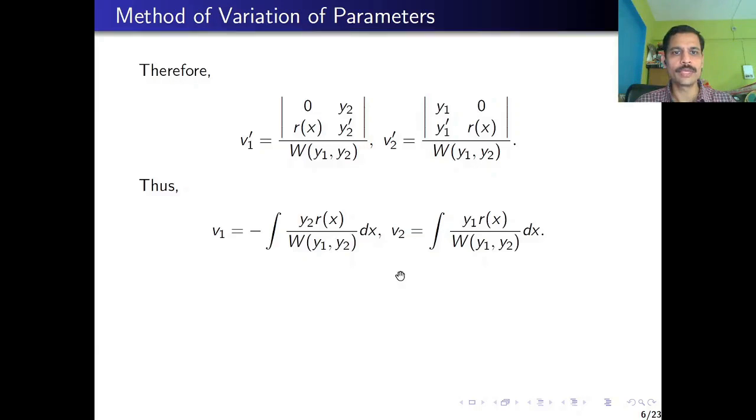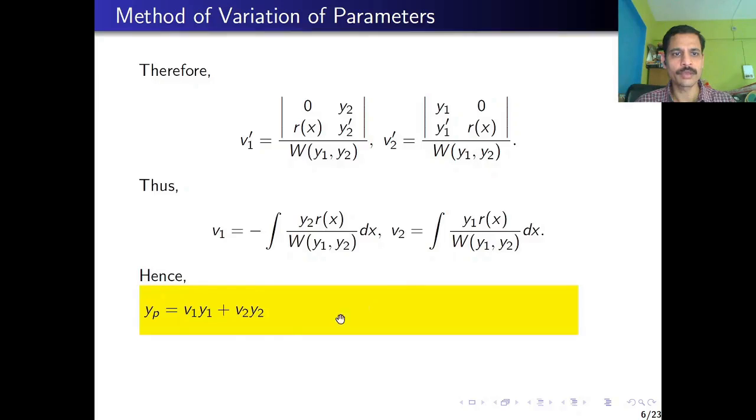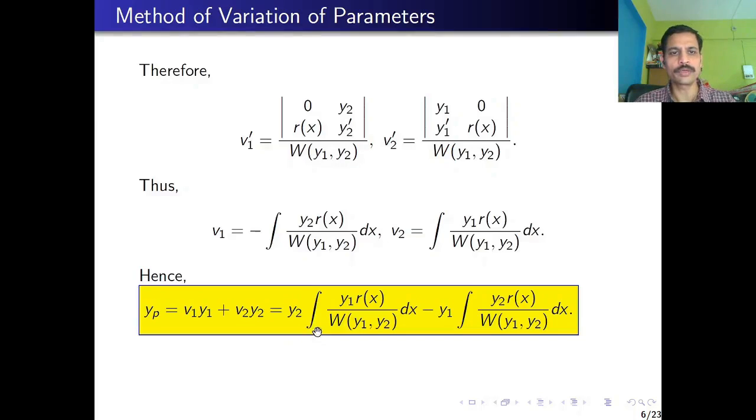Hence the particular solution is yp equals v1 y1 plus v2 y2. We just interchange this: first write v2 y2 and then v1 y1, because v1 involves a negative sign.